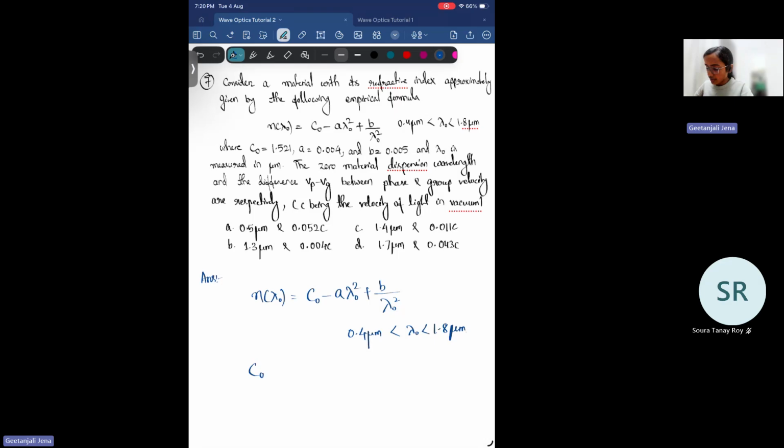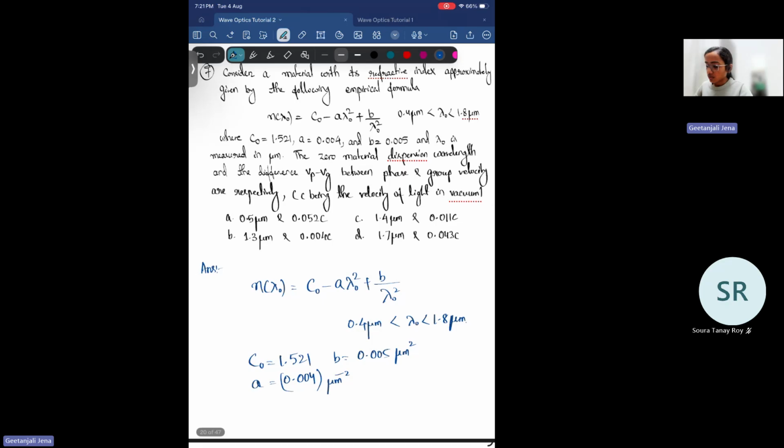The values are given: C0 is 1.521, A is 0.004, B is 0.005, and lambda 0 is in micrometer. The question is asking what is the zero material dispersion wavelength, and what is the difference in phase and group velocity of this material.